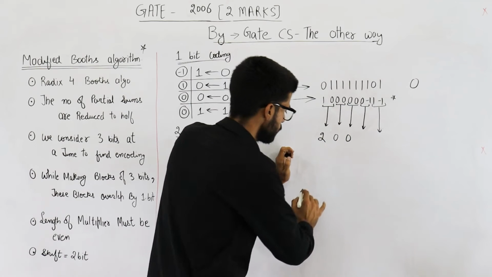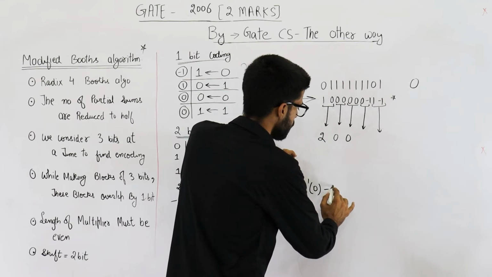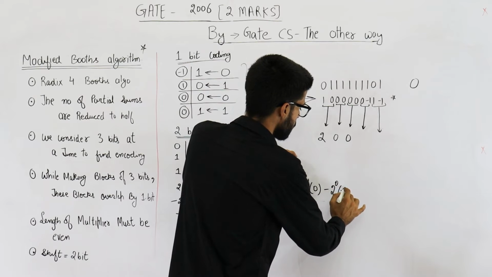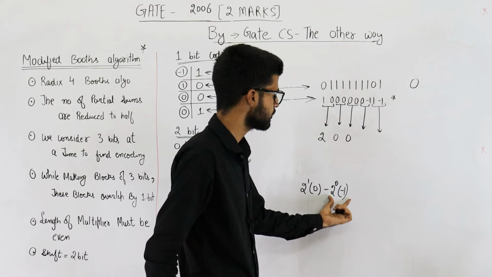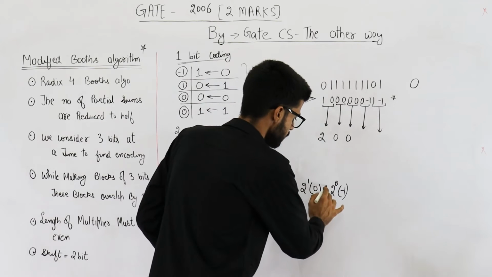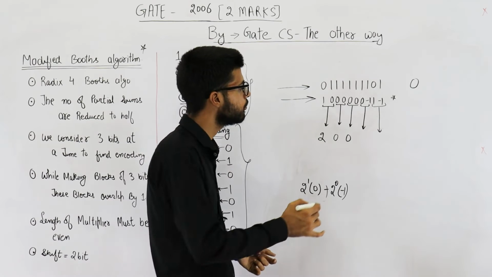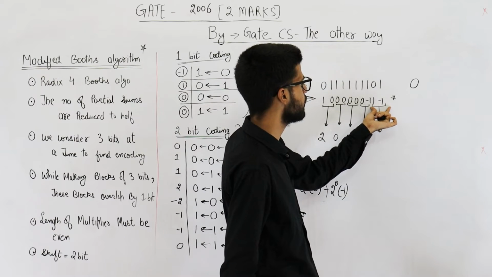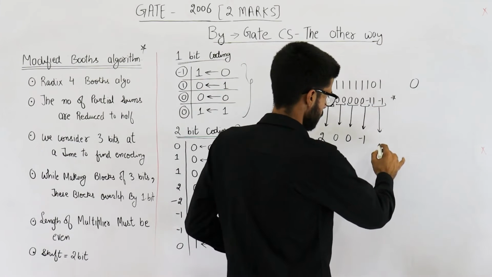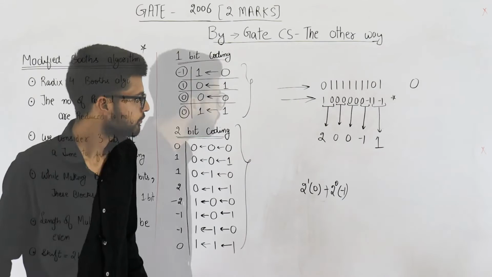It is 2 power 1 into 0 plus 2 power 0 into minus 1. This one will become 0. This is minus 1. Okay. Sorry, we have a plus here. So this number will result in minus 1. And this will result in 2 minus 1, which is 1. Okay. So this is 2-bit coding.